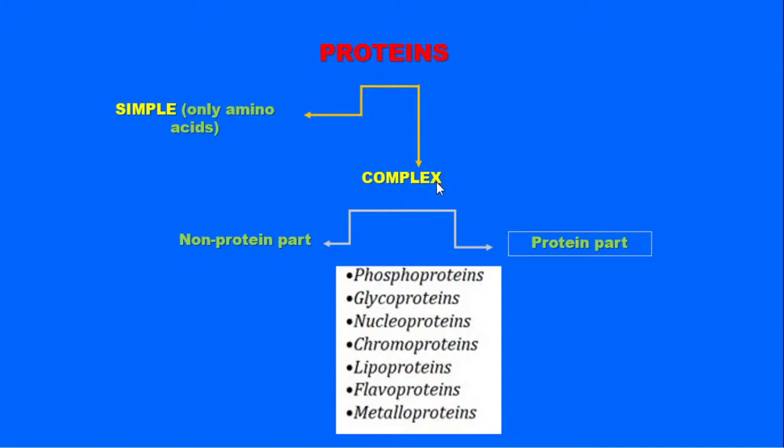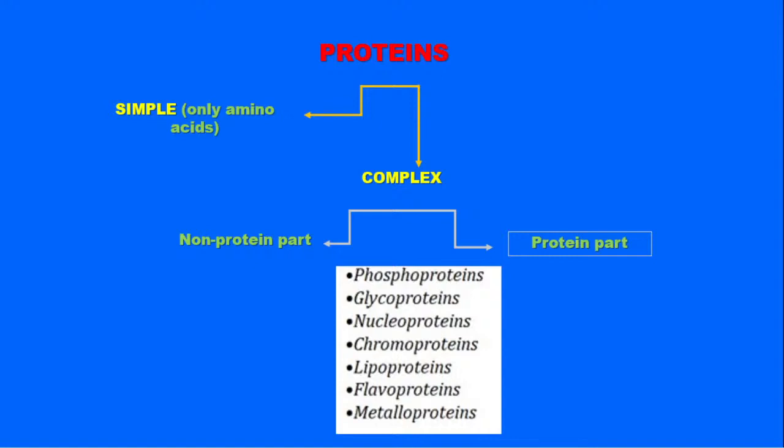The problem is that in part of the textbooks, complex proteins are named conjugated proteins. And complex could also mean quaternary structure of proteins, meaning more than one polypeptide chain. Please, my dears, let's make the agreement that if a protein contains more than one polypeptide chain, we are talking about quaternary structure.